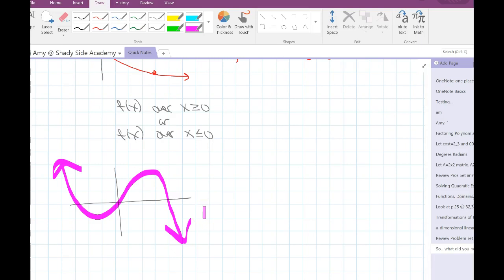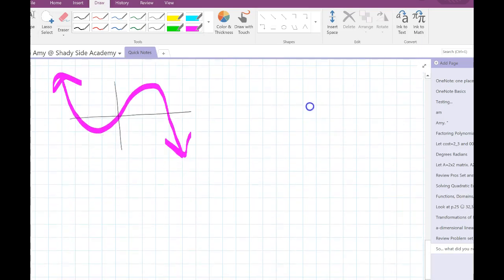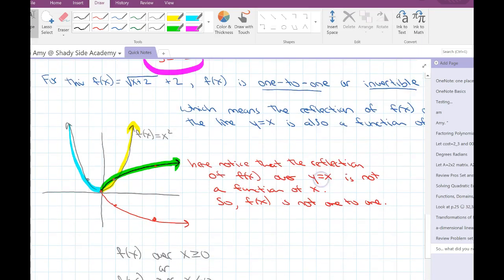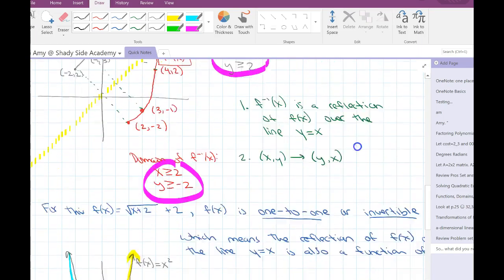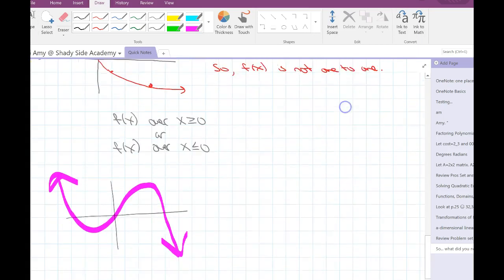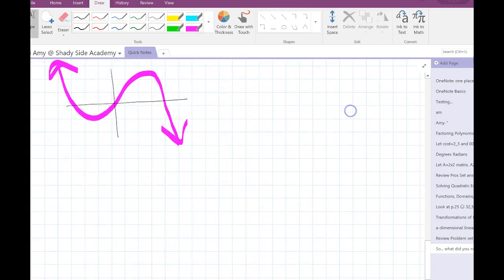All right, so now let's talk about the last feature of inverse functions. Let's take this from a graphical perspective. Okay, so point 3. Good grief.